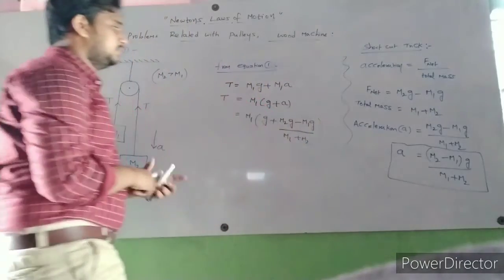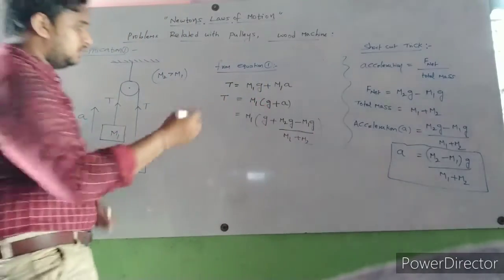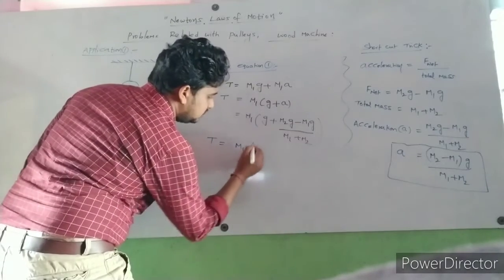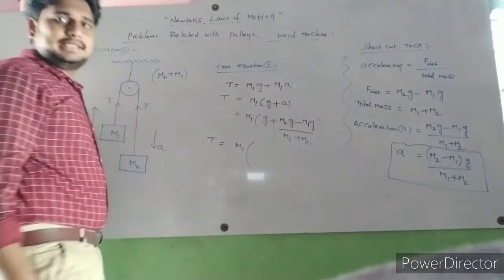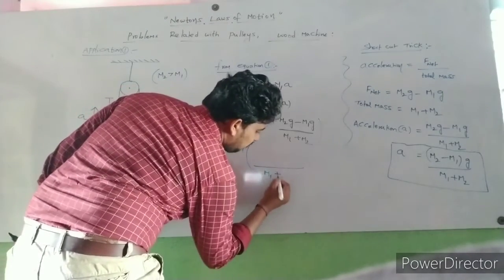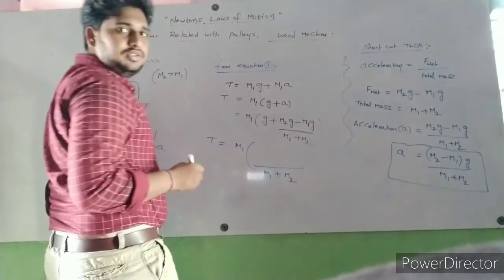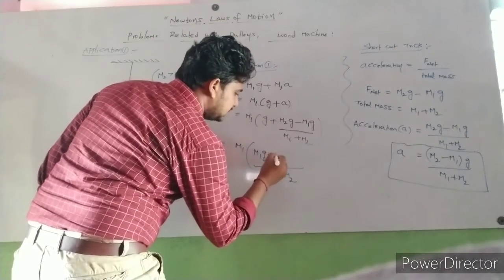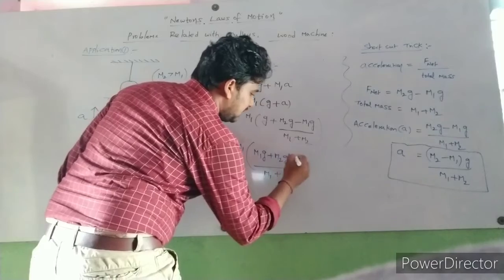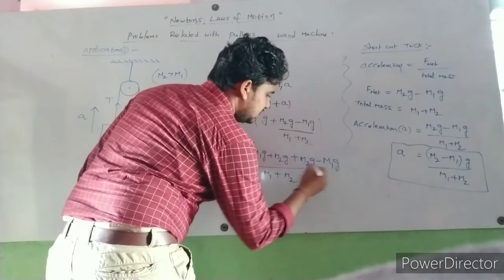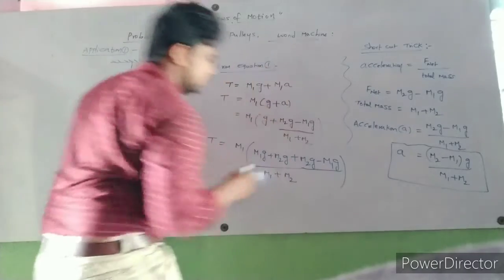This is the T value. So T is equal to m1 into, taking the LCM, m1 plus m2 is the LCM here. So then what we got here? m1g plus m2g plus m2g minus m1g minus m1g.